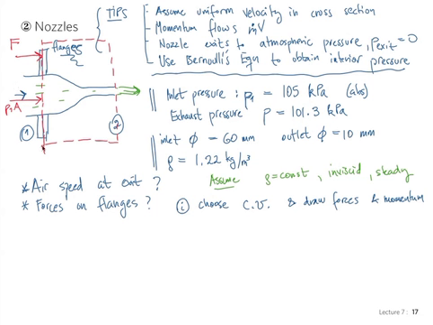And what are our momentum fluxes? I'm going to erase this, which is in my way here, and I'm going to use the green color to draw the momentum fluxes. The momentum fluxes are simply here m dot v2 and here m dot v1. That's all the momentum fluxes that we need to consider.